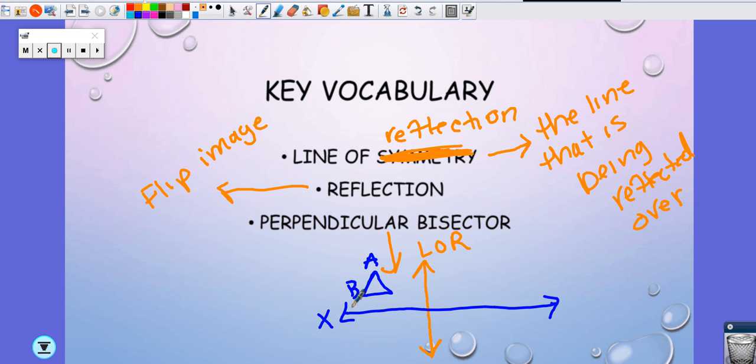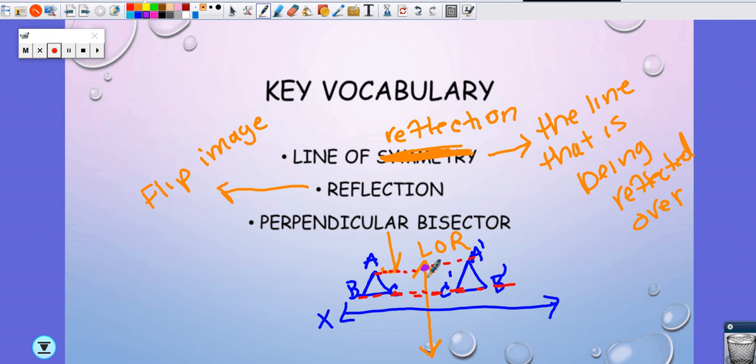I'm going to call this A, B, C, and then A prime, C prime, and B prime. Well, what happens is the imaginary path that travels from A to A prime, and from B to B prime, is perpendicular to your line of reflection. And it is also a perpendicular bisector to the line of reflection.